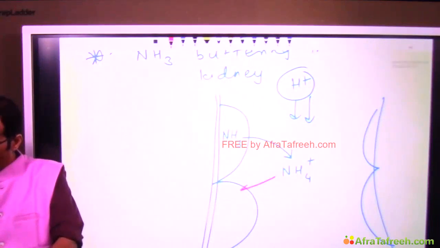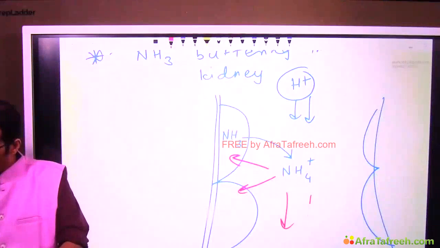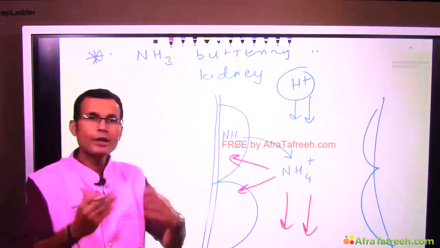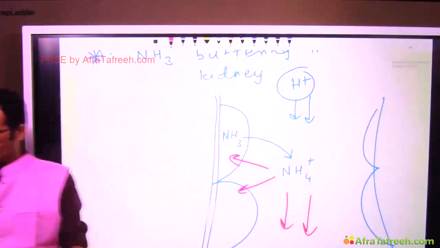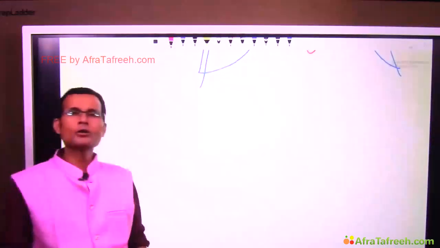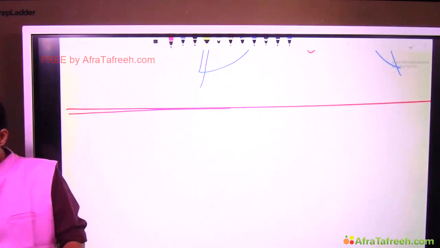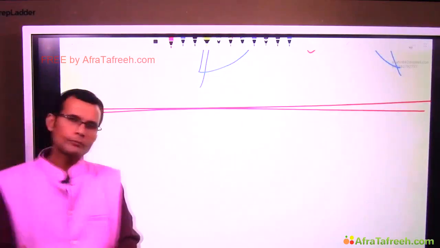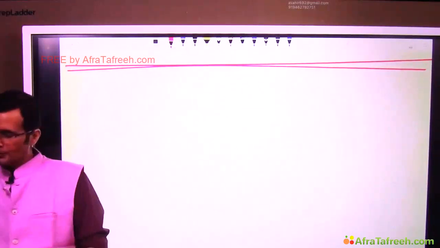So it can't diffuse back. And therefore it will be excreted into the urine now. And that's how it will eliminate this H+ into the urine. That is diffusion trapping or non-ionic diffusion. That was about the transport by diffusion, and we saw various examples.